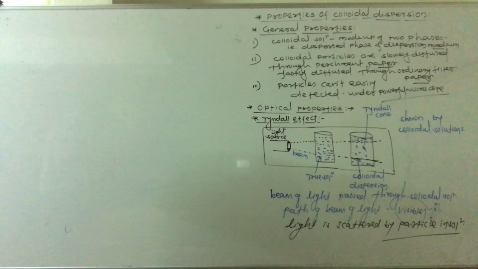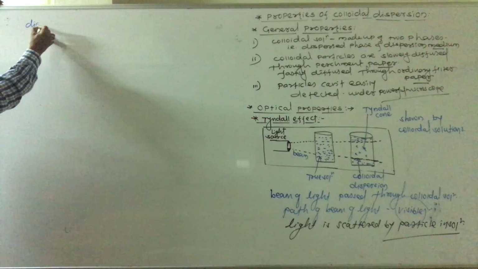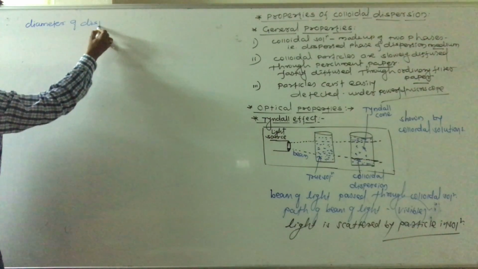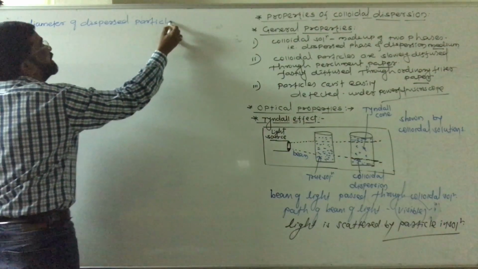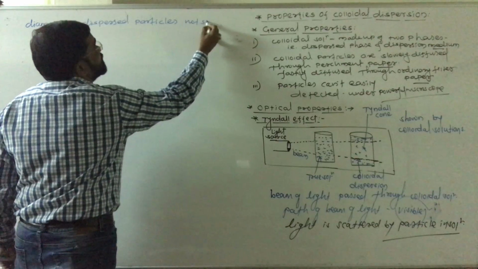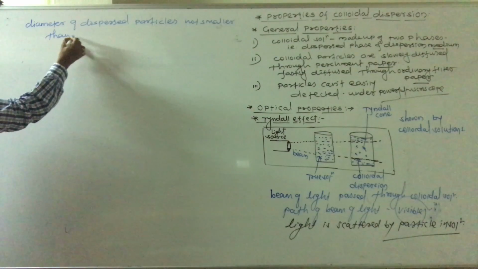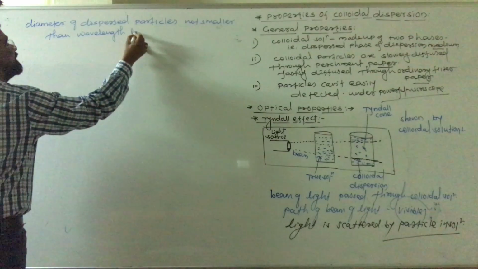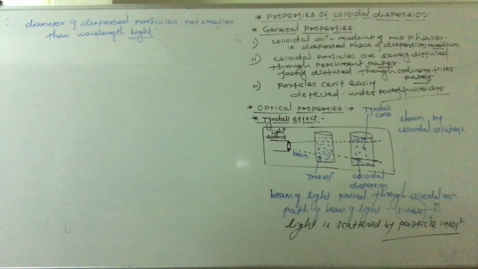That is, when the diameter of the dispersed particles is not smaller than the wavelength of light, then the Tyndall effect is observed.